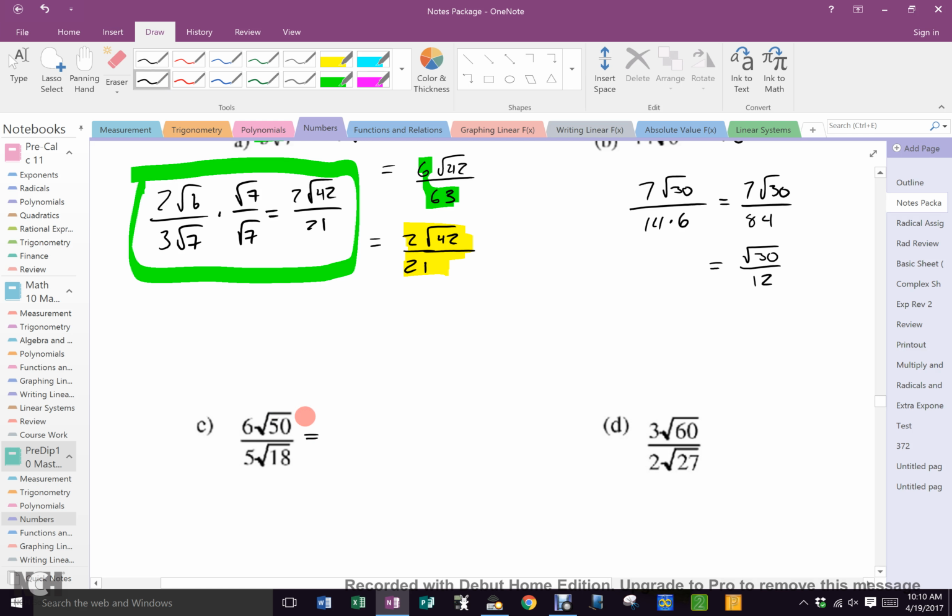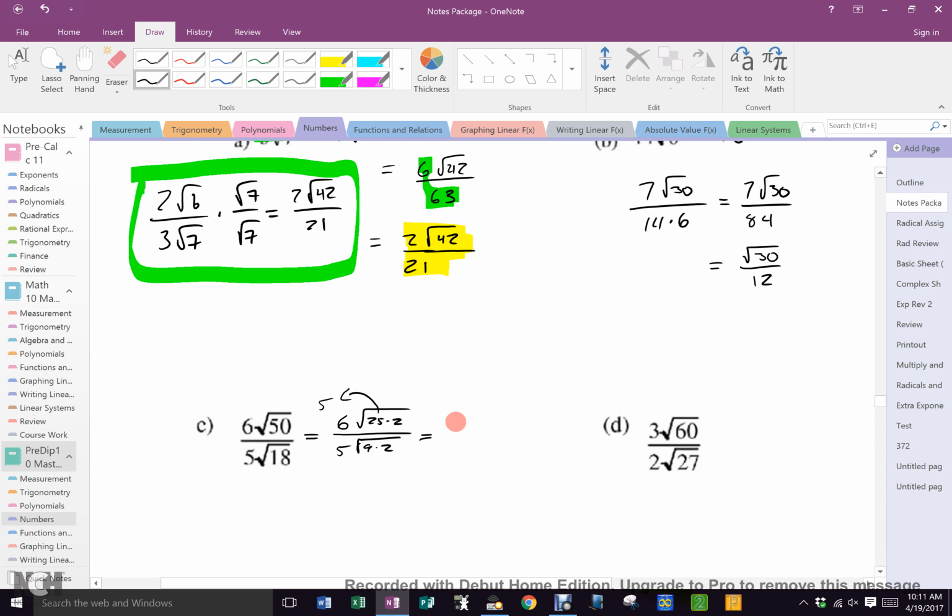Simplify. Isn't this 6 root 25 times 2 over 5 root 9 times 2? Isn't it? What's the square root of 25? So what comes out? 5.